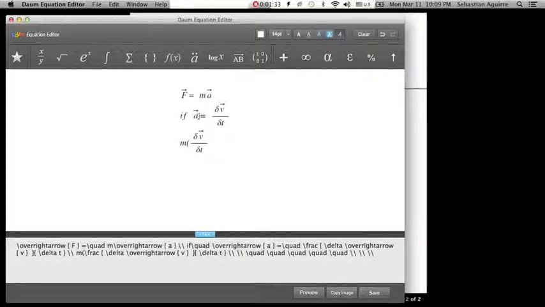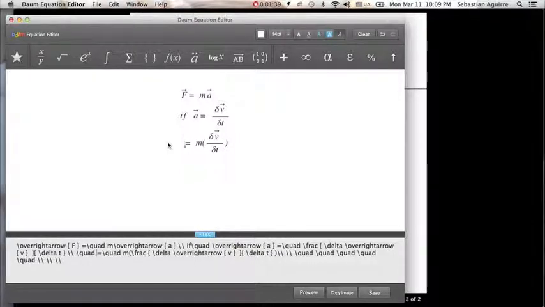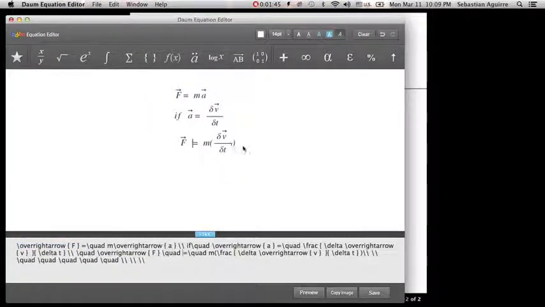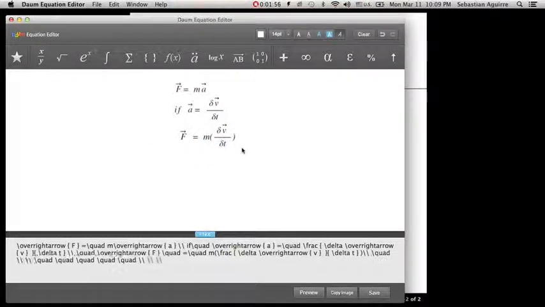m times this, and here I'm just going to copy and paste the force in there. So I'm going to rewrite it like this, and let's absorb the m into the v, because if we recall, momentum p is equal to mv, correct?